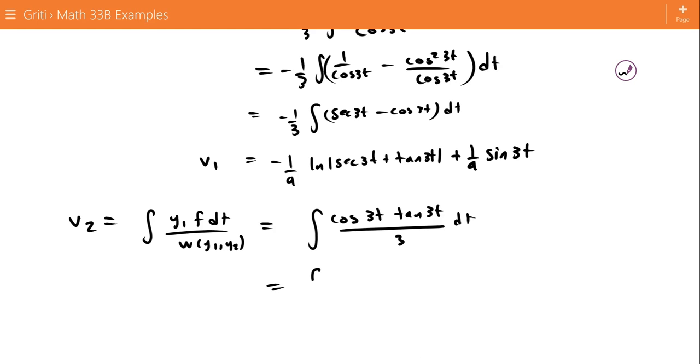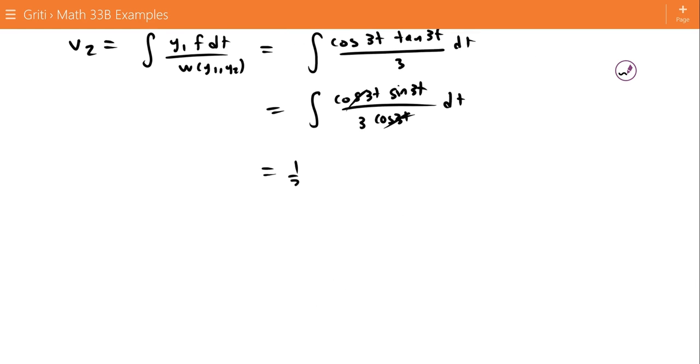Converting tangent into sine and cosine, we get cosine 3t sine 3t over 3 cosine 3t dt. Cosines will cancel, and we'll have 1/3 the integral of sine 3t dt. That's going to be negative 1/9 cosine 3t.